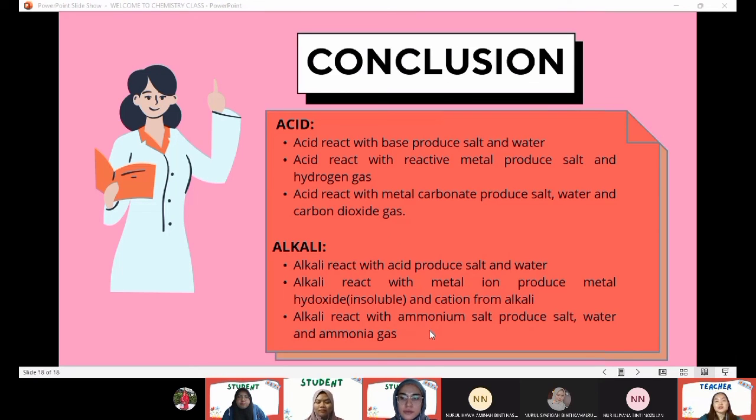Okay, so I hope that you are able to summarize and remember the formula, the condition when acid reacts with other substances to produce these products.